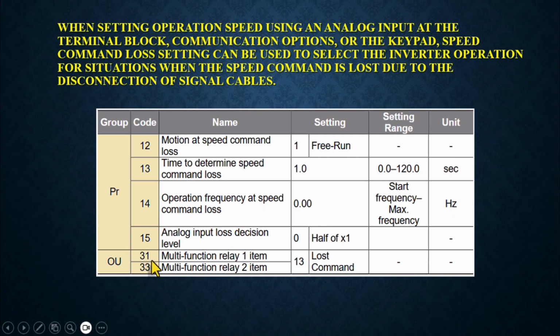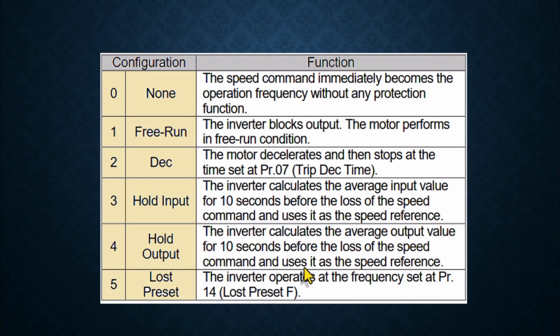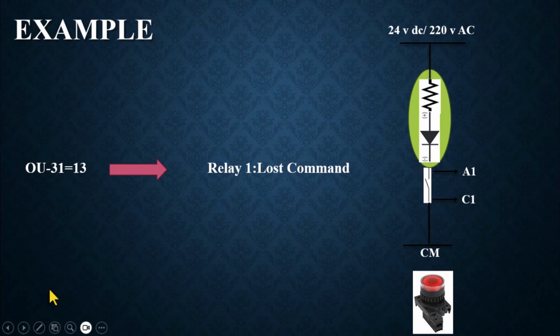To do this, if we want to consider relay 1, OU31, and if we want to consider relay 2, OU33, we must set the value of these parameters to 13 so that if a speed command loss error occurs, our output relay will operate. In this educational example, we want to use the inverter's relays as well. Let's set OU31 to 13, which means relay 1. It should activate as soon as a lost command error occurs and turn on our signal light.